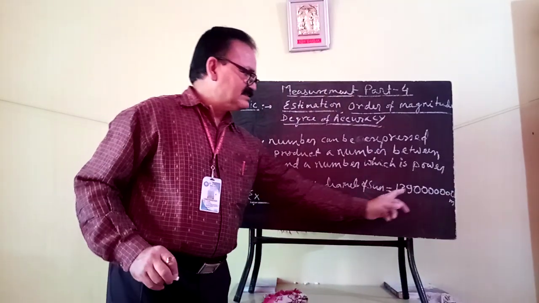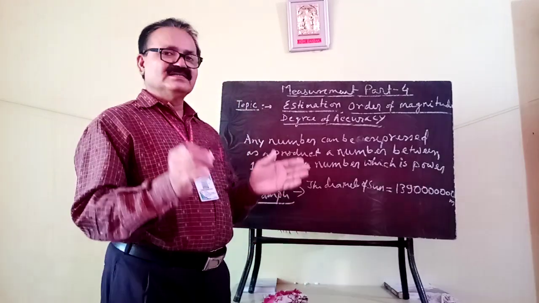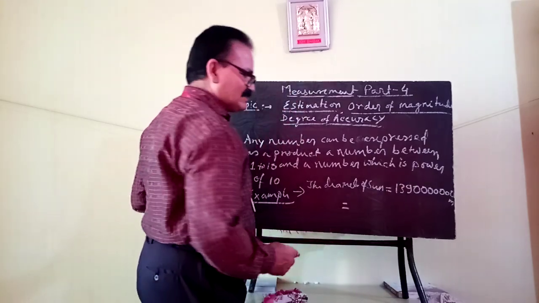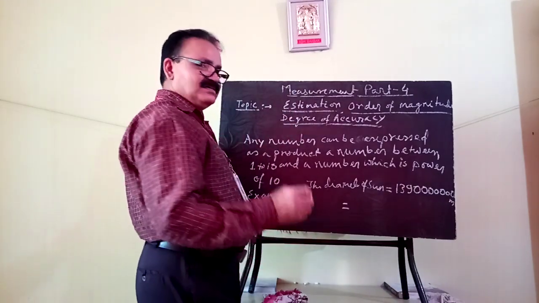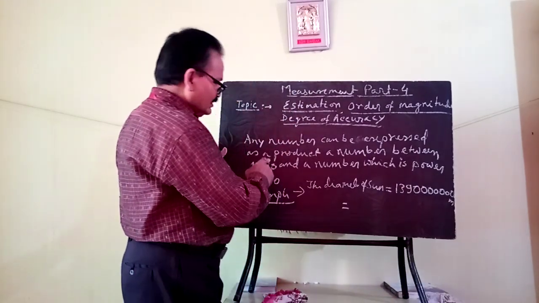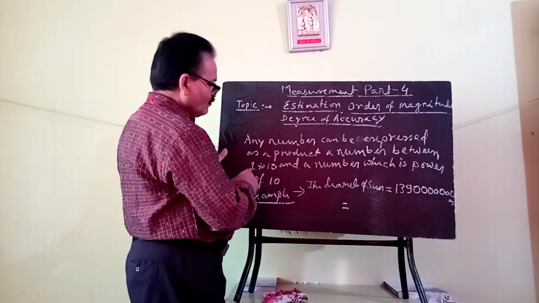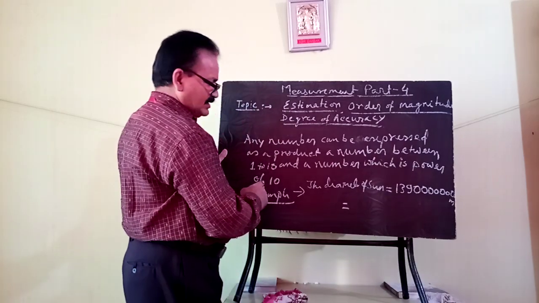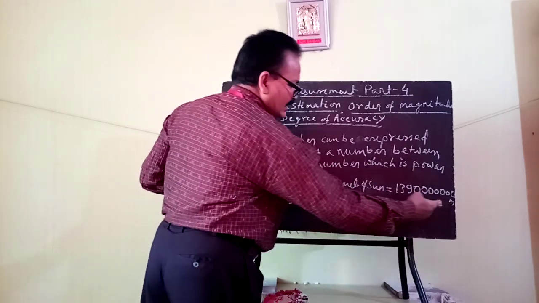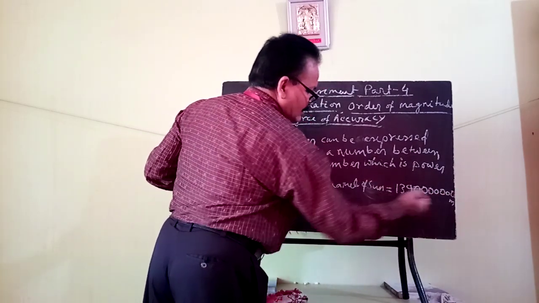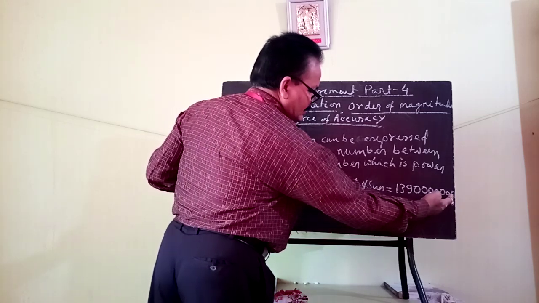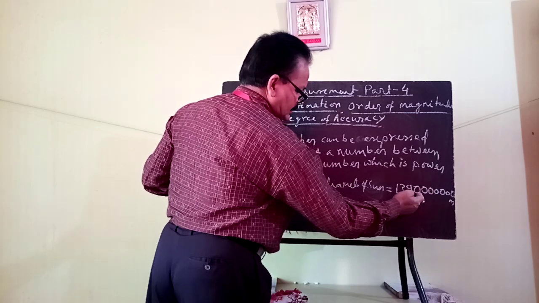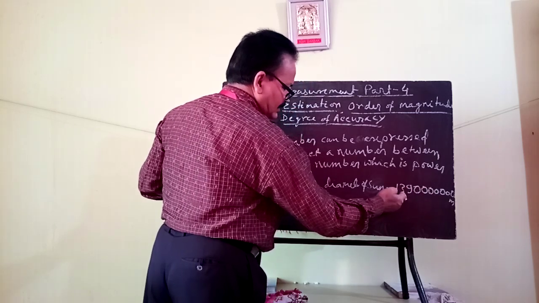While expressing such a large quantity in a precise manner, what you have to do is express this data as a product of a number between 1 and 10 and a power of 10. Suppose this data has the decimal here, then you have to shift the decimal after 1, 2, 3, 4, 5, 6, 7, 8, 9 places.